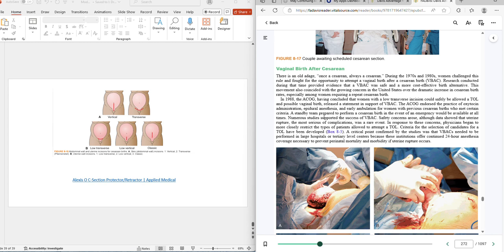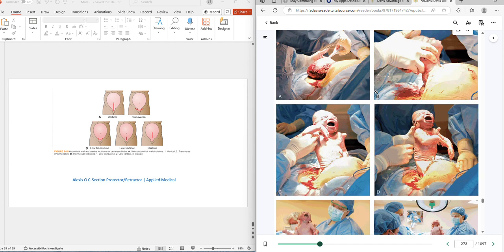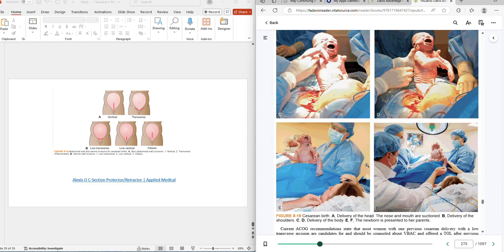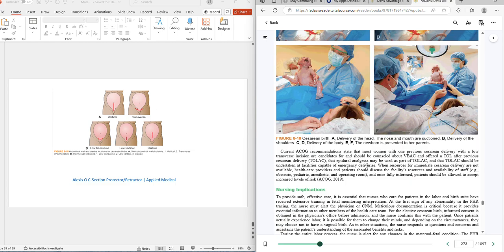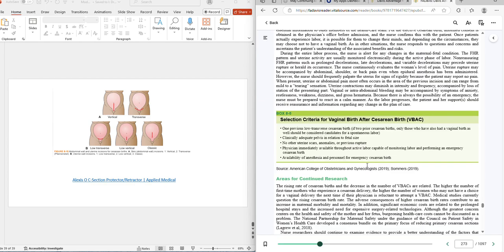Okay, it can be dangerous because the uterus can rupture, but they still do it in some hospitals. So just know that VBAC, what that term is, it's vaginal birth after cesarean. Okay. And this is a cesarean, obviously. Box 8.5, there's criteria. Just be familiar with this criteria here.